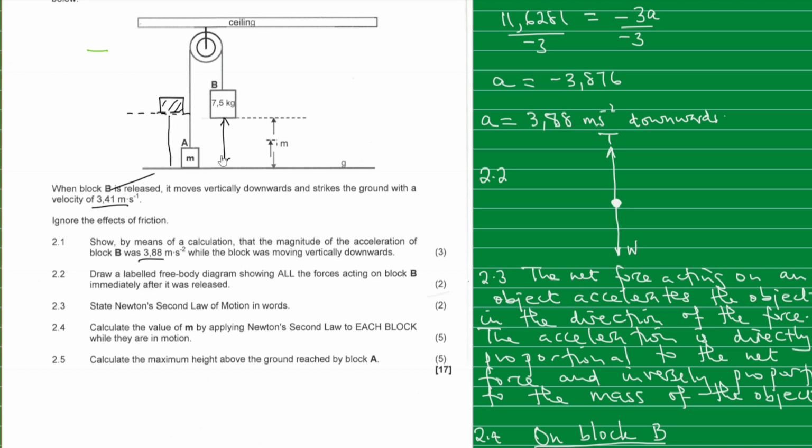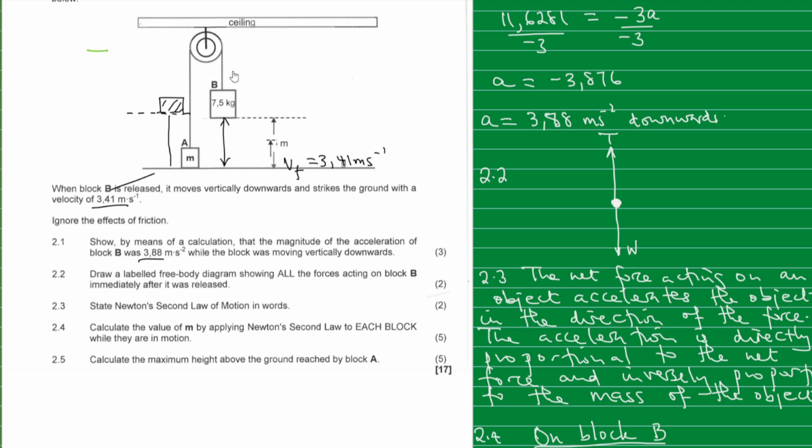But now, because of Newton's first law, when block B is at the ground, the final speed is 3.41 meters per second.